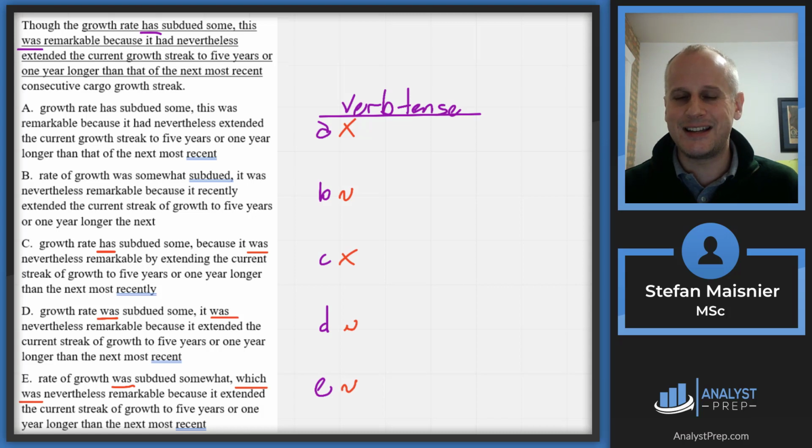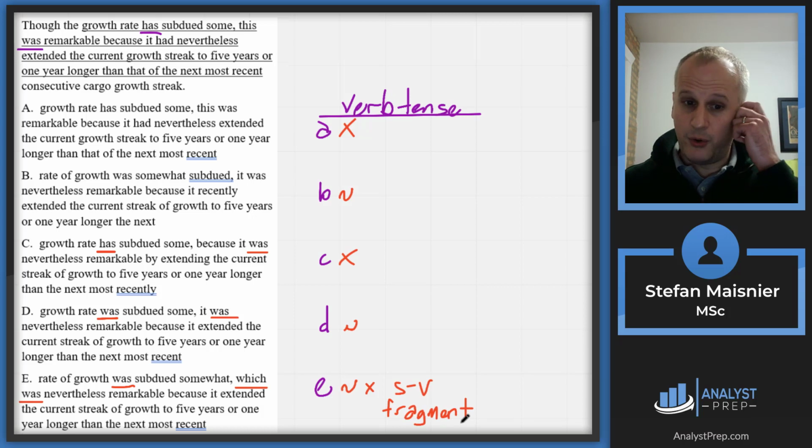We are just continuing to describe the growth rate. It never has a main verb. So this E, even though it was kind of identified because of the "which" we thought about as a pronoun, we discover that there's a subject-verb issue here. We've got a fragment. So that eliminates choice E, and we're left with only choices B and D.